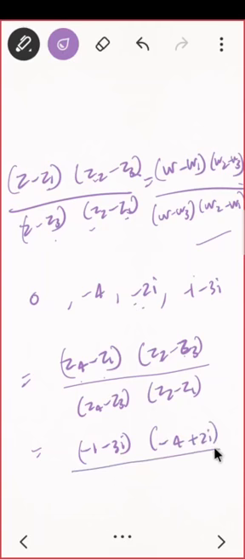It is divided by z4 minus z3, which will be minus 1 minus i, and multiplied by z2 minus z1, so it is minus 4, correct? There is some condition here, let me just be sure.